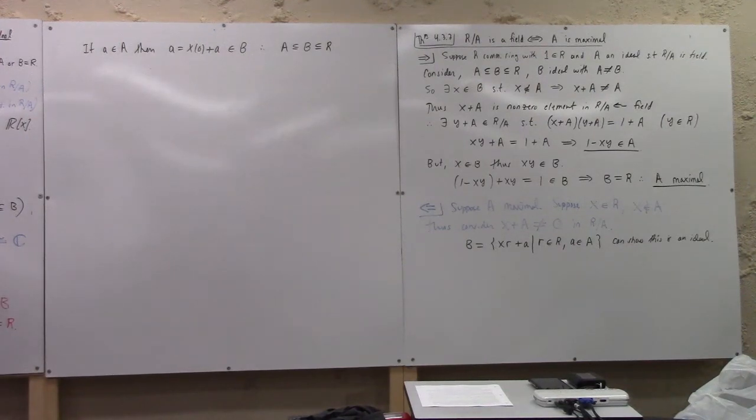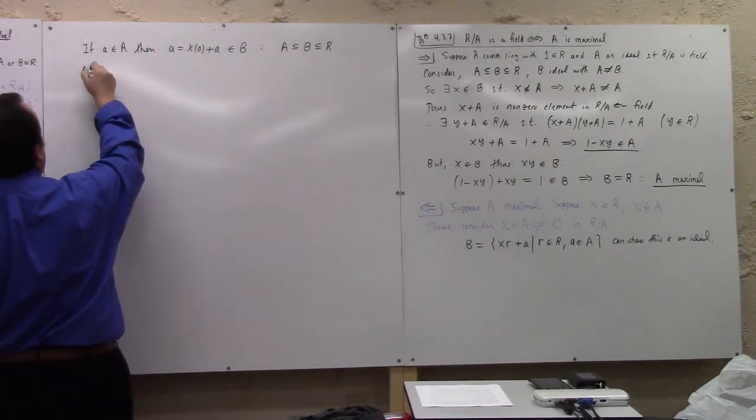And what else can we say about it? So that means either A is equal to B or B is equal to R, right? Why is A not equal to B? I think that may be missing in my proof. Oh, x is not an element of A, right?